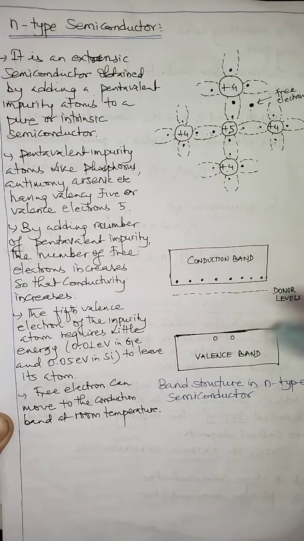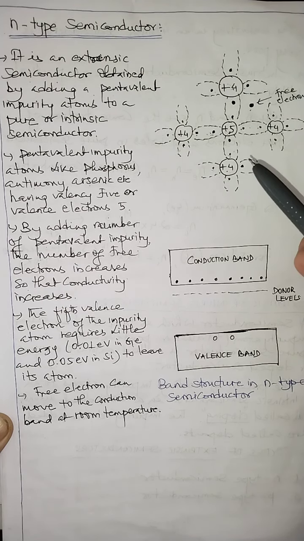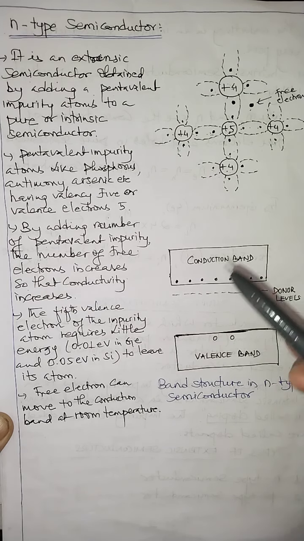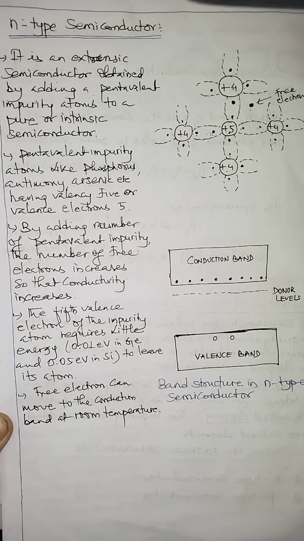That means in the presence of an electric field, the excess of free electrons present in this type of semiconductor can conduct electricity, and electrons as negative charge, which are in excess in number, can conduct more electricity. That's why this particular semiconductor is called N-type semiconductor.